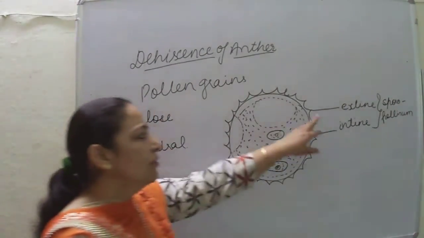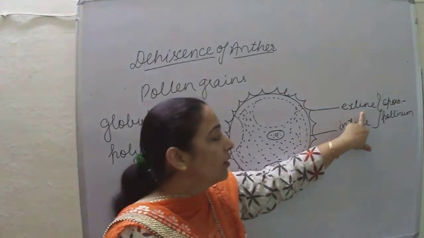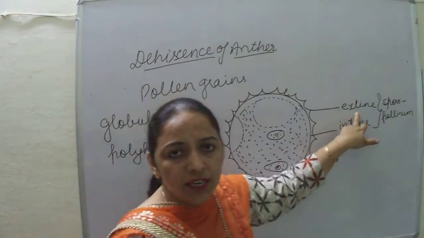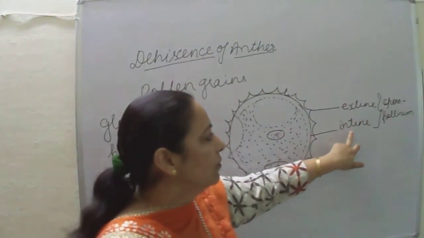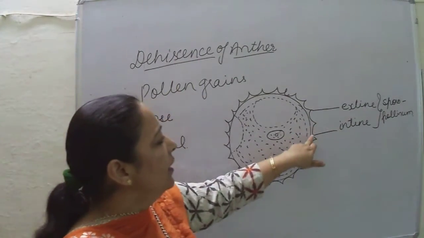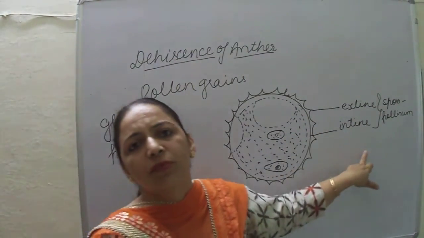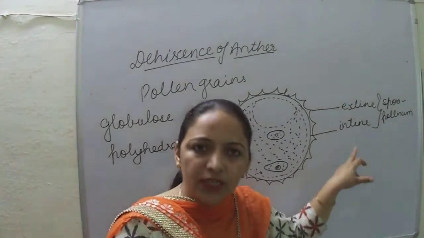Now, what is the function of exine and what is the function of intine? Exine is the outermost layer of the pollen grain that protects the pollen grain. It consists of pecticellulose. And this is intine. Intine is the innermost layer of the pollen grain. It helps in the formation of the pollen tube during germination.